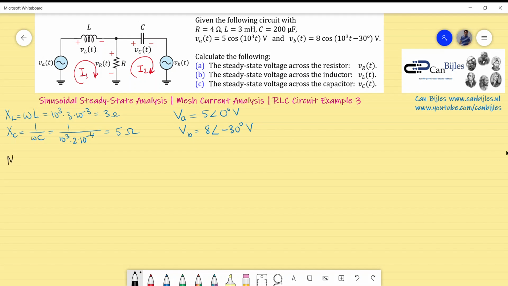For mesh 1, what do I see? I see this voltage source applied across this element and this element. So what I have is the following: minus VA, because I start at the bottom from the ground, make a circle, and come back to the same point.